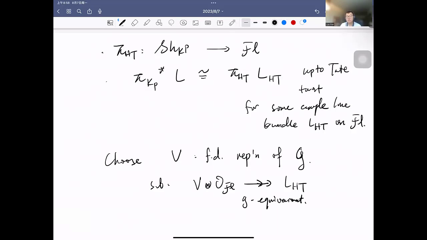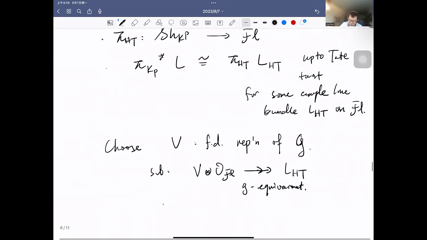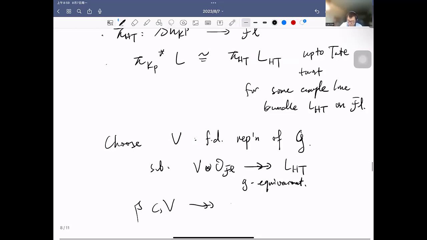Another way to say this is that we require, if you look at the representation of V as the Lie algebra of P, a surjective map to lambda m, which is the one-dimensional representation corresponding to Hausdorff.